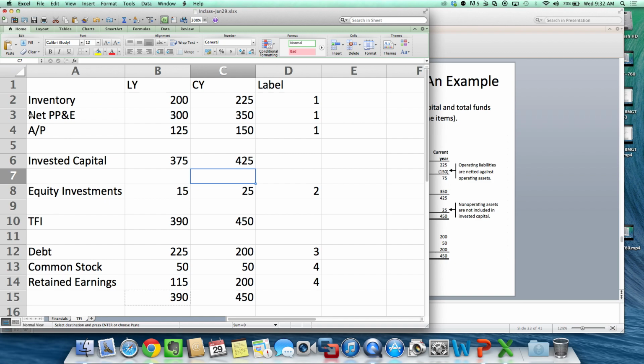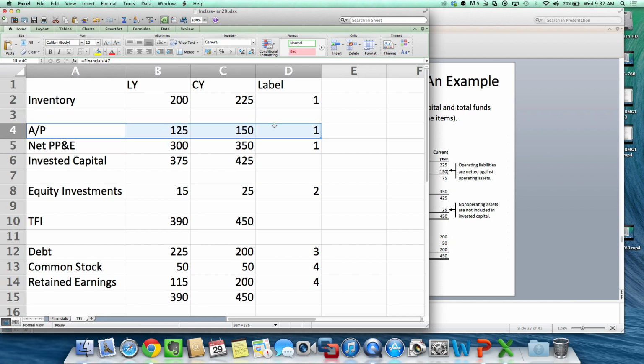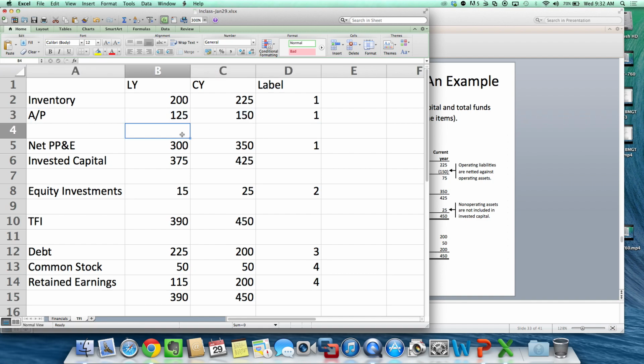So what they do is they take the current assets minus the current liabilities, and they call that operating working capital equals inventory minus accounts payable.